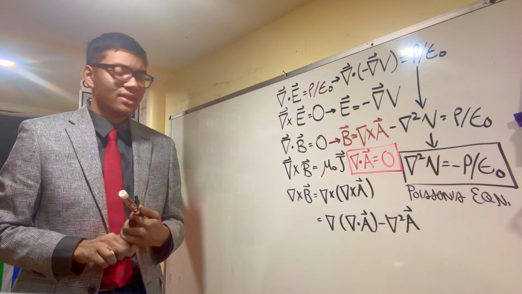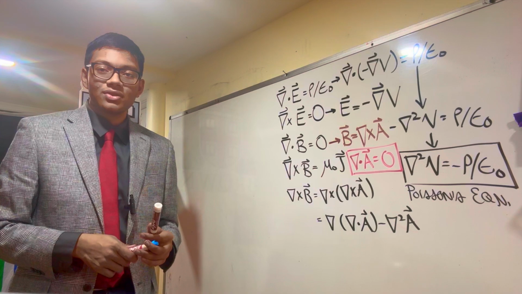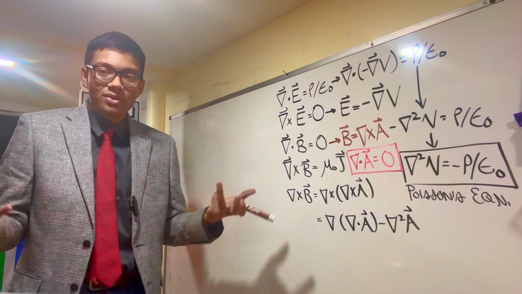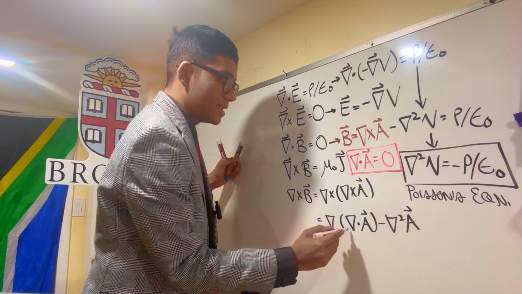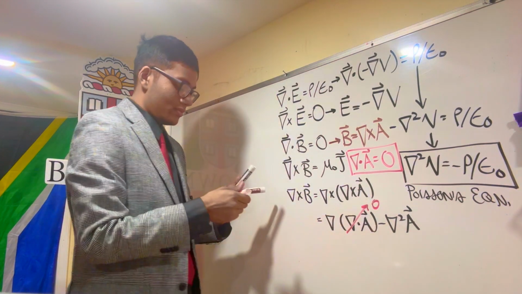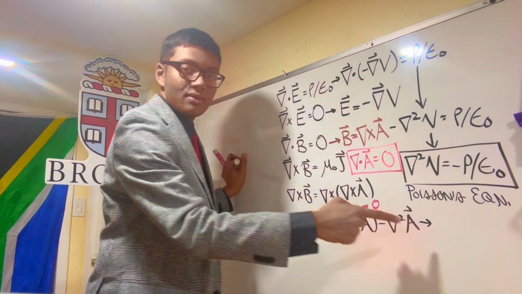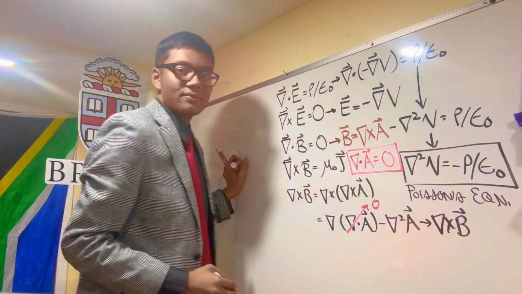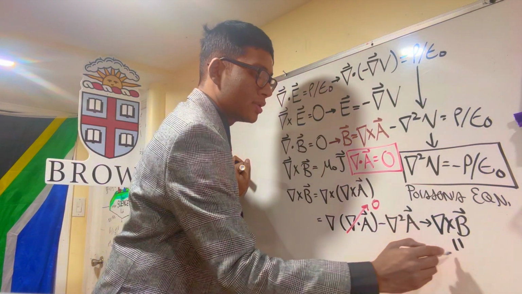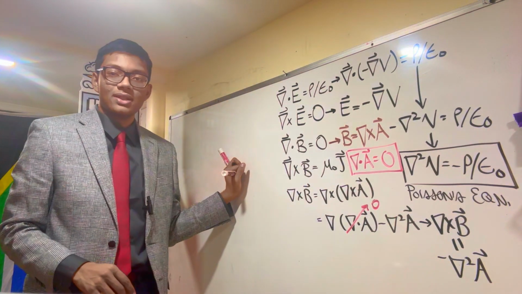If we choose the divergence of A to be 0, this term here is 0. And so we obtain that the curl of B, the curl of the magnetic field, is equal to the negative Laplacian of A, the magnetic vector potential.